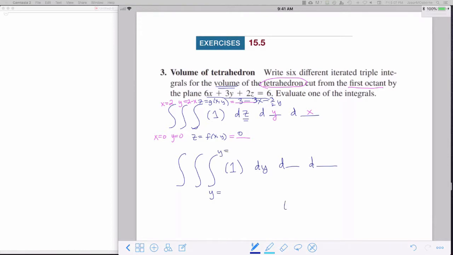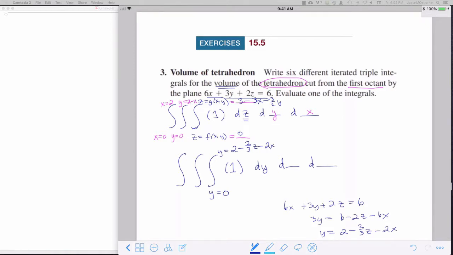Starting from 6x plus 3y plus 2z equal to 6, solve for y: y is equal to 2 minus 2/3 z minus 2x. So y would go from, since it's in the first octant, y equals 0, up to 2 minus 2/3 z minus 2x.